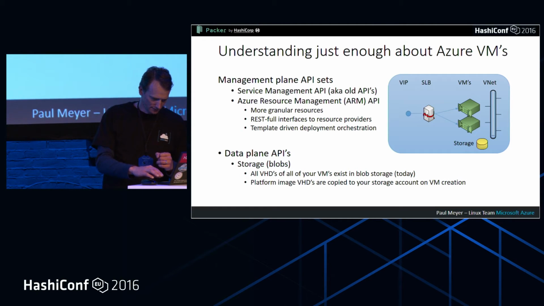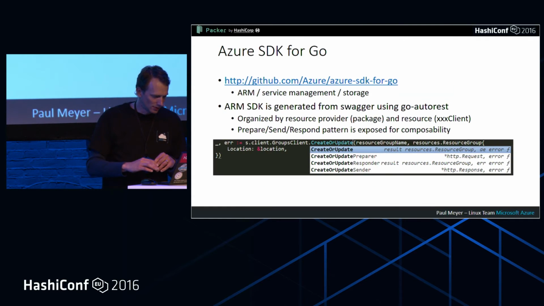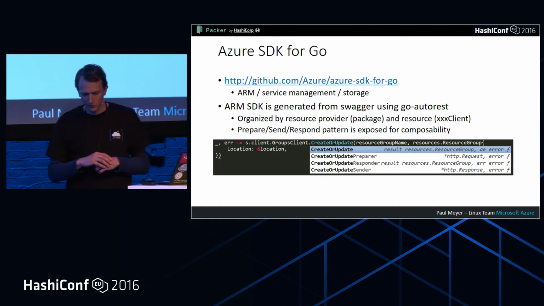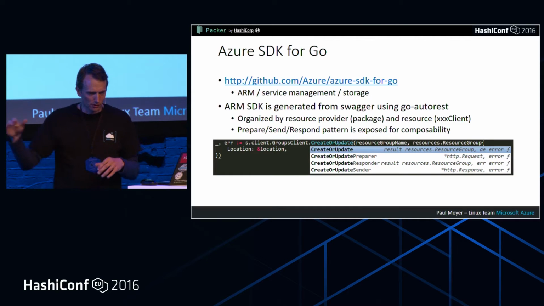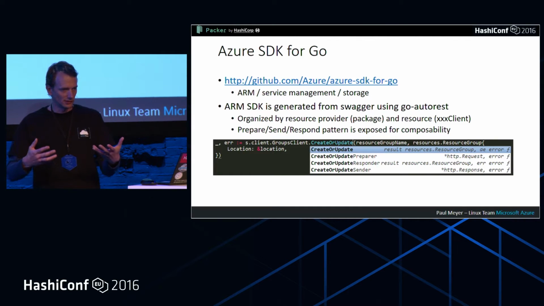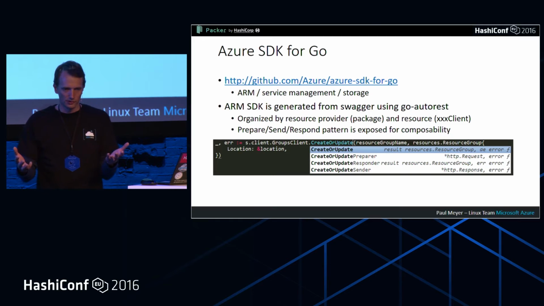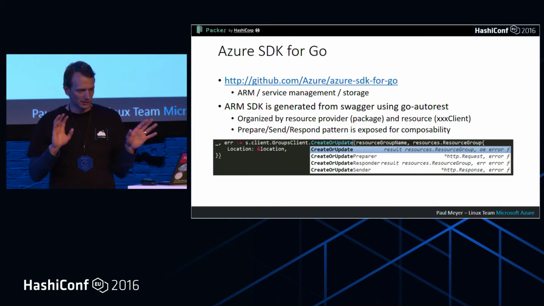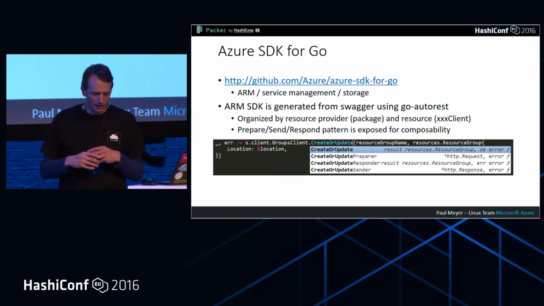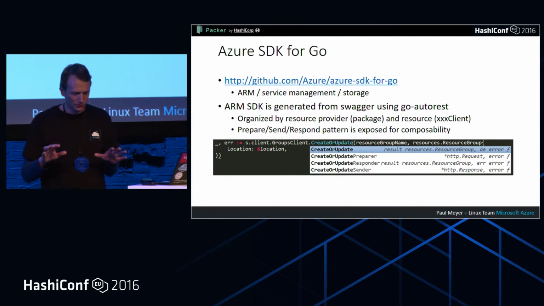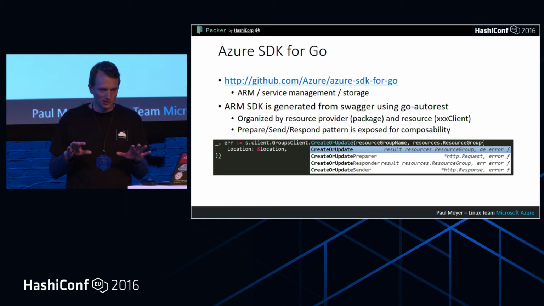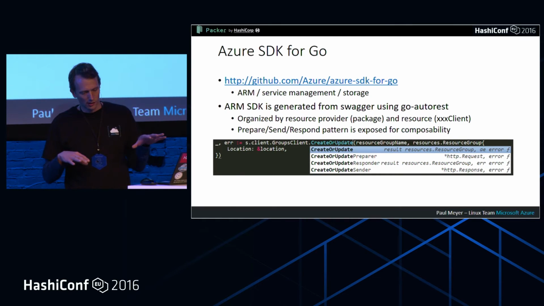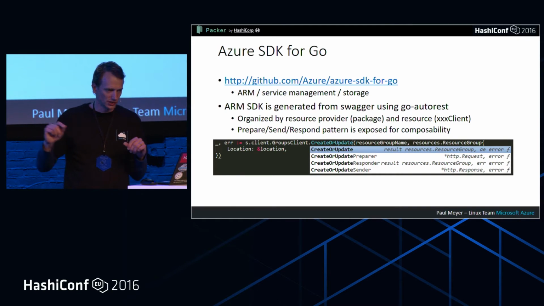So to access all of these APIs, we maintain these SDKs for you. They're all open source. We developed this completely in the open, so all of our issues are on GitHub and all of our pull requests and comments are in there. We have basically three top-level packages in there, which are ARM, service management, and storage.